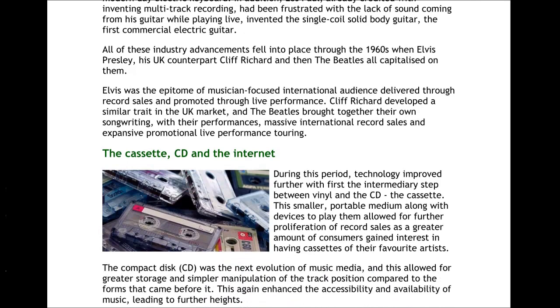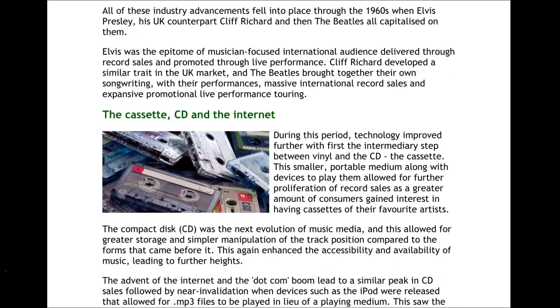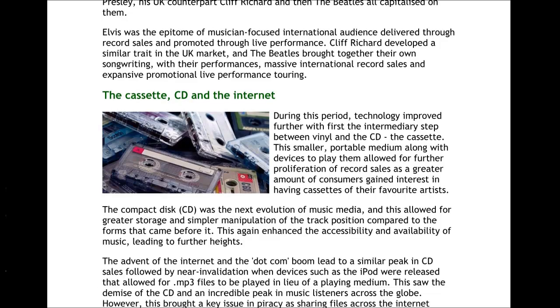And as you go through, we can see that the cassette and CD do rise, with the vinyl going to cassette because cassettes were portable and more easily managed. But then CDs were just simpler, but also had a better sound quality than cassettes, and were also portable at the same time, which was one of the key reasons the vinyl fell out of popularity.